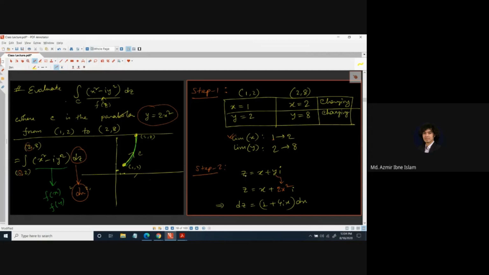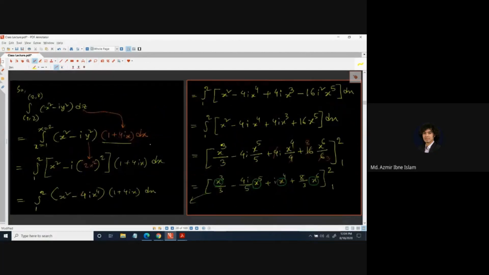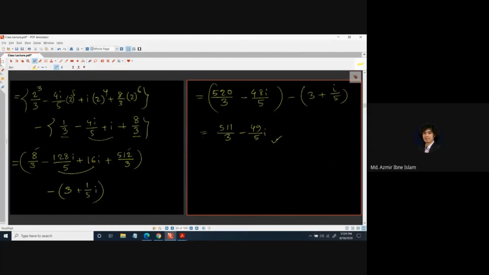So here step 1 is done. In step 2 we have replaced y with the function x squared, and then we have evaluated dz. So dz is 1 plus 4i x dx, and now we are applying our basic integral technique to solve this integral. And finally we have found the result.